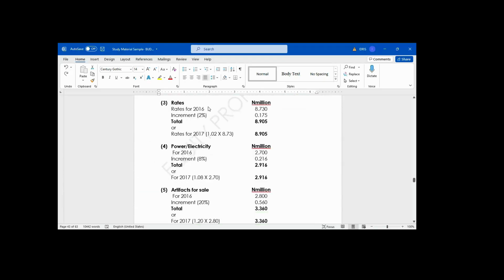You can do it this way. Look at the solution. Rate for 2016, 8.730. Increment is how many percent? 2%. 2% of 8.730 will give you 0.175.